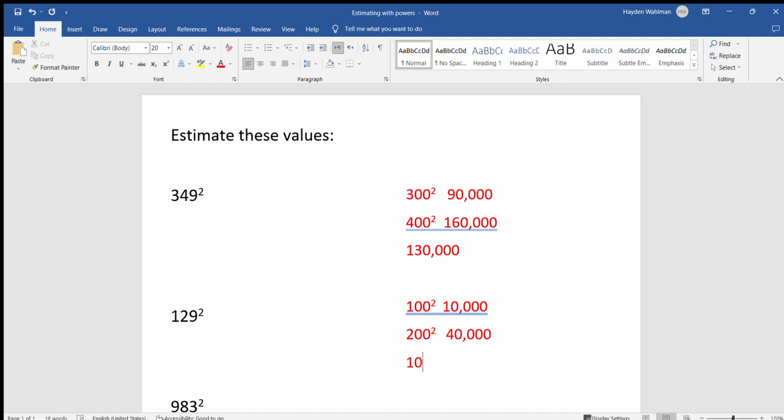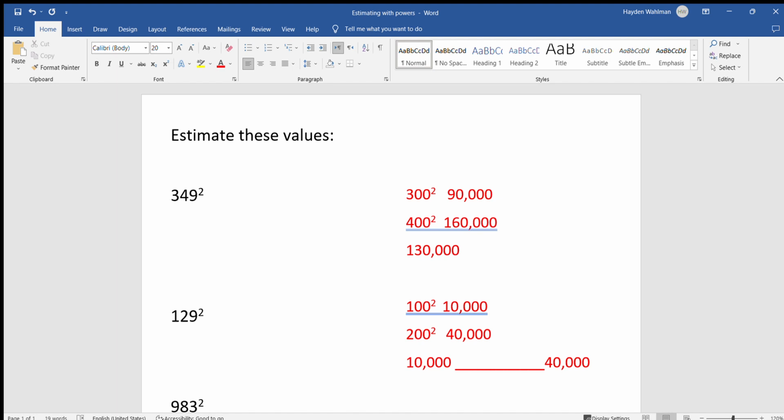If we kind of wrote it like this, like here's the line, where is it going to be on this line? It's going to be closer to the lower end of the spectrum because 129 is closer to 100.